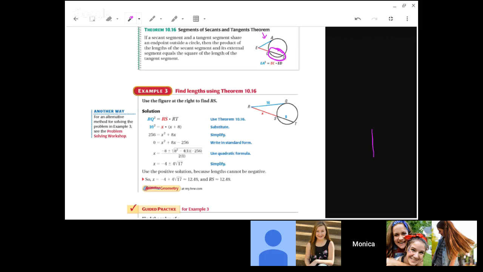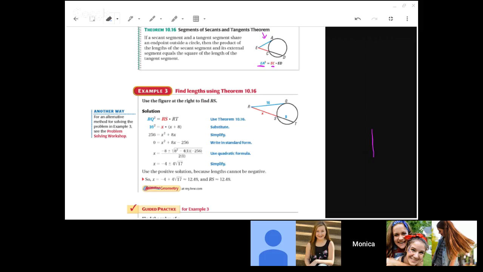So that's why we're doing the tangent squared, okay? So you take EA squared, or the length of that tangent squared, and then set that equal to the outside part of your secant, which is EC, times the length of the whole thing, which is ED. Does that make sense?